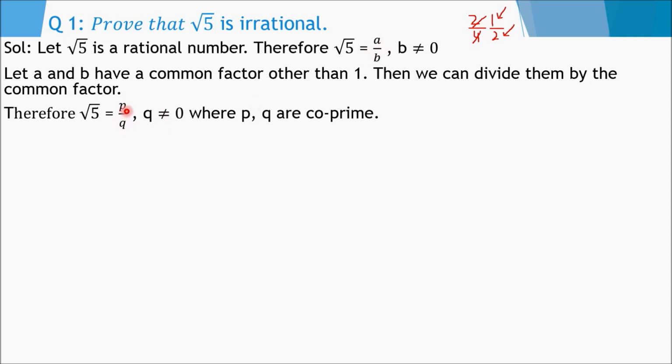This new number p/q must not have common factors, because we have already divided a and b by the common factor. Therefore square root of 5 is equal to p divided by q, where q is not equal to 0, and now p and q are co-prime numbers, as in the example of 2 divided by 4.